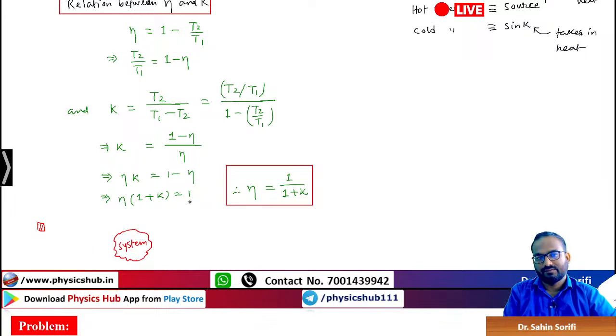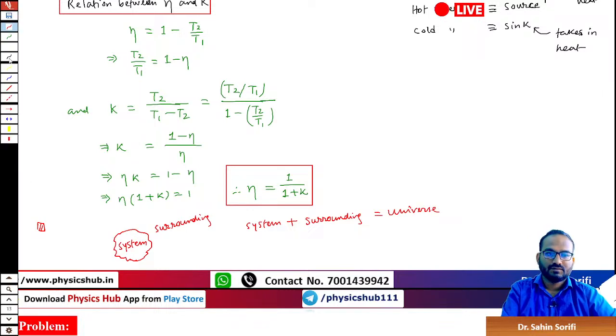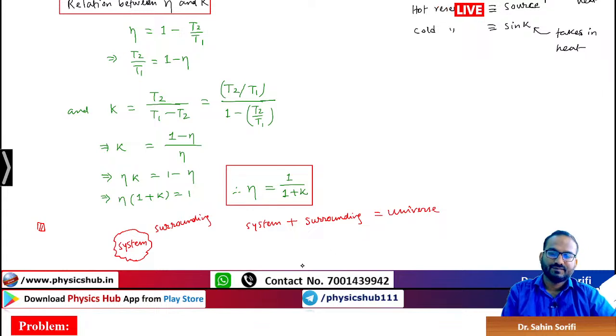Whatever we have in the universe other than the system is called the surrounding, right? System and surrounding make the universe. So the total entropy change is equal to the entropy change of the system plus that of the surroundings.